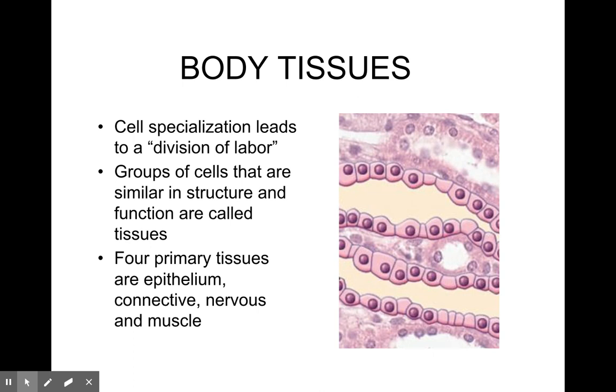The groupings of cells that do similar jobs are called tissues. There are 4 primary tissue types: epithelial tissue, connective tissue, nervous tissue, and muscle tissue. We're just going to do 3 for this particular chapter. Nervous tissue we'll deal with once we tackle that particular system.